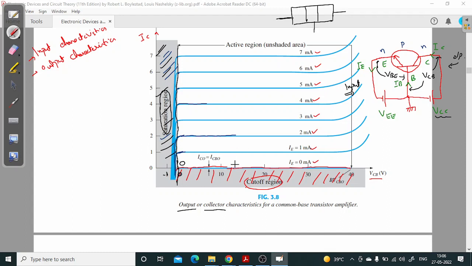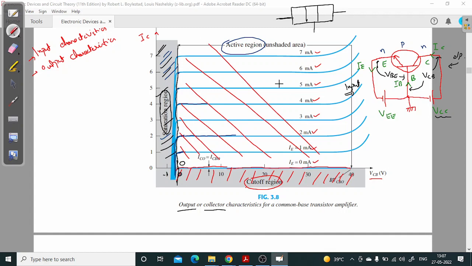And then in between the cutoff and saturation regions we have the active region. Okay, and this is for amplification purposes, this is the most important region. So this complete unshaded region is the active region. This is where amplifiers are built.